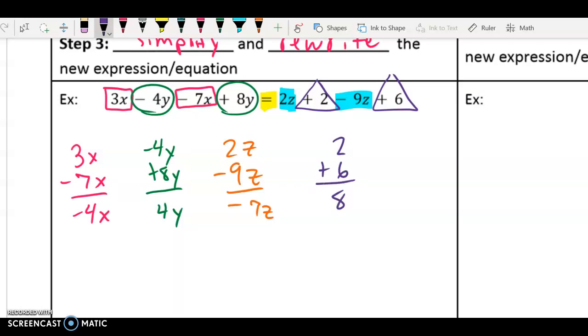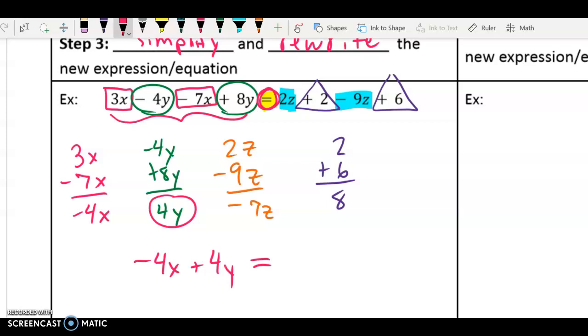Now keep in mind, since it is an equal sign here, guys, that equal sign does have to go in the middle. And notice that the x's and y's are on the left. So we have negative 4x after we combined them. And we have a positive 4y right here. So that means we're going to put a plus. Keep in mind, we can't actually combine the negative 4x and the 4y because one is an x and one is a y.